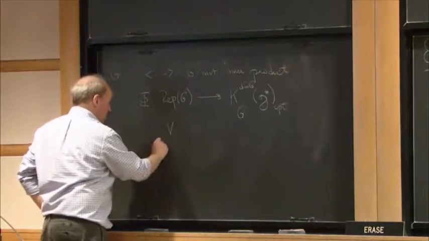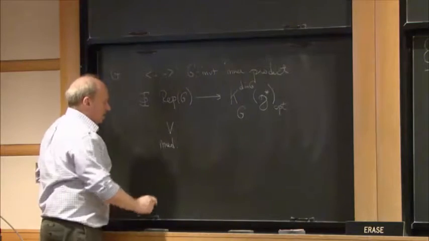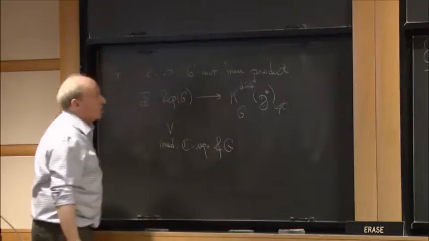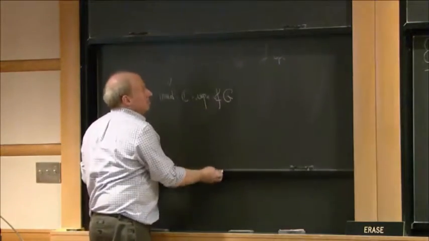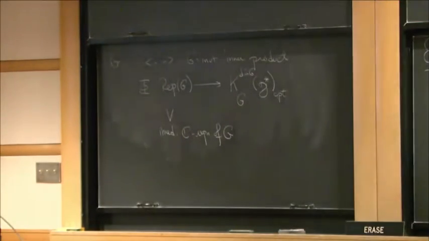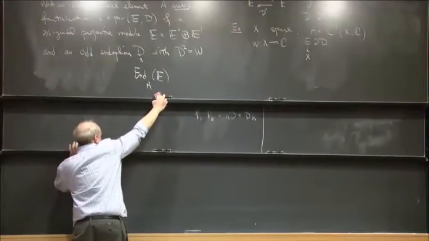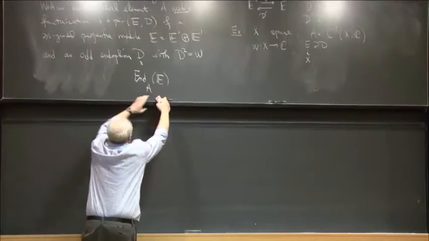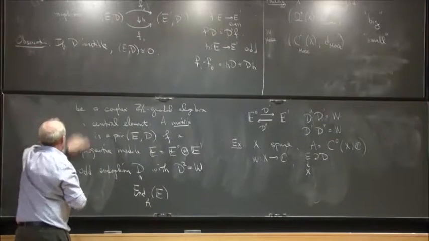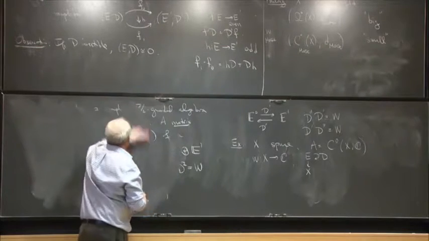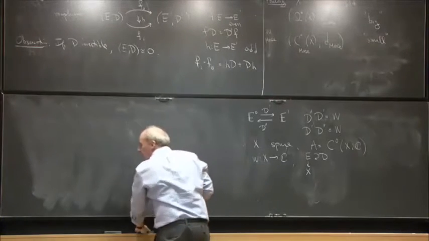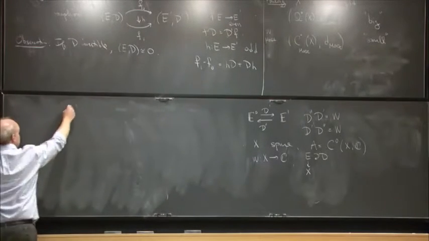So let's let V be an irreducible representation. So it's an irreducible complex representation of the group G. And what are we going to construct? I want to construct something which is this pair E comma D. And so it's going to represent an element here.